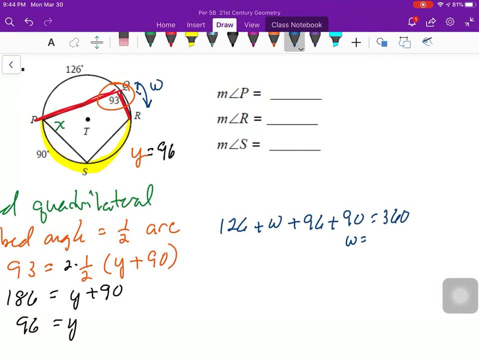So the arc W comes out to be 360 minus 90 minus 96 minus 126, which comes out to be just 48.